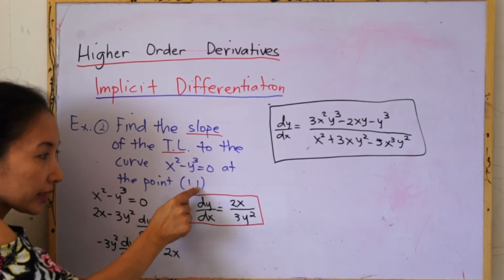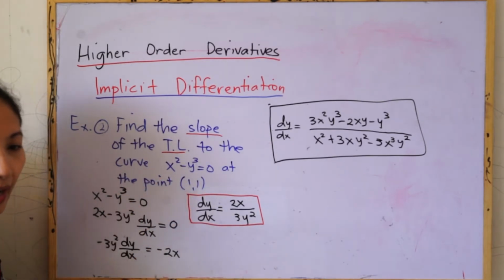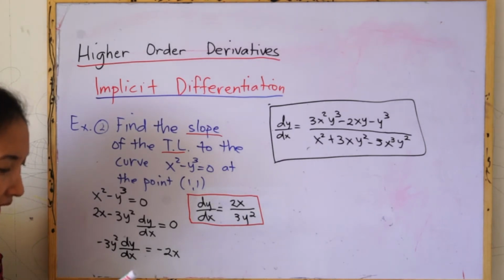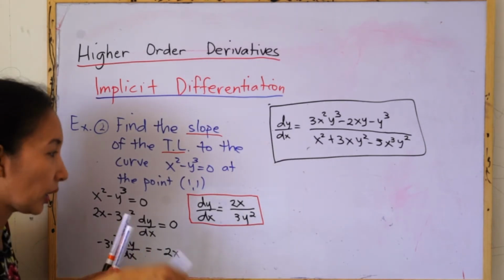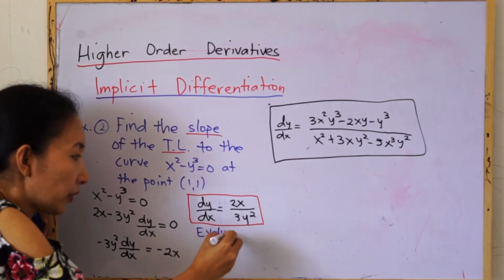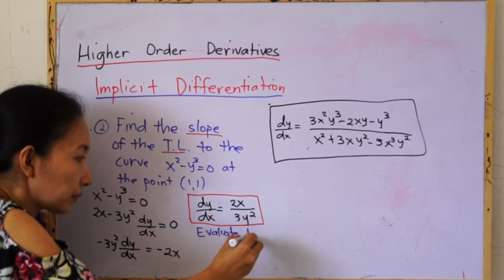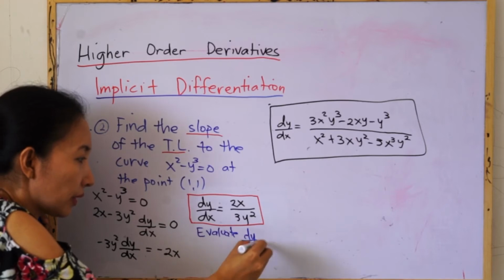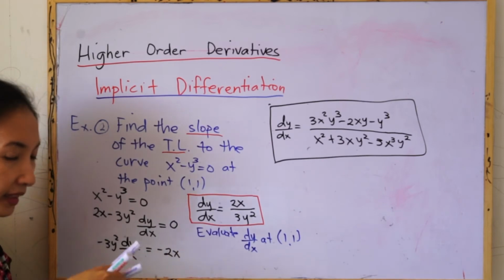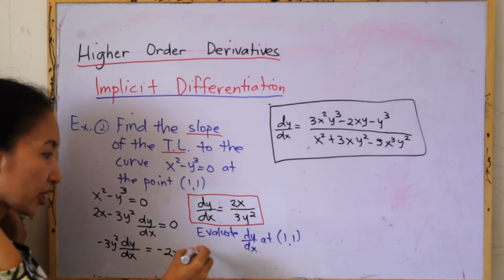This is your x and this is your y to find the slope. So the slope of the tangent line, therefore, what are we to do? Evaluate dy over dx at 1, 1. And that gives the slope of the tangent line.